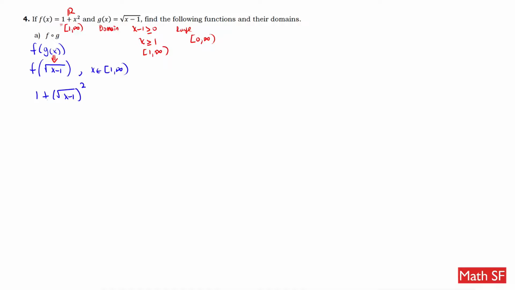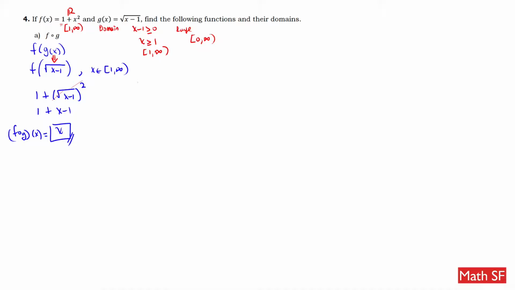Because we know this guy will always be positive, you can just drop the absolute value. Plus x minus 1. Therefore, this gives you x. So f of g of x is equal to x.